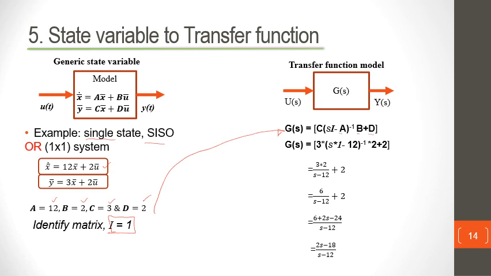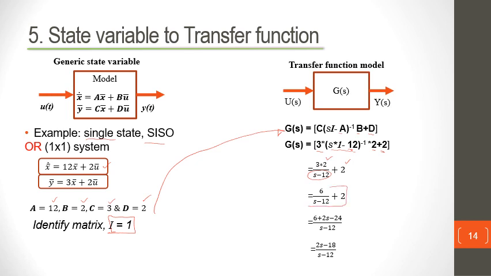Substituting the values: c is 3, I is 1, a is 12, b is 2, and d is 2. This means s minus 12, inverse, so 1 over s minus 12, times 2 times 3 on top, plus the d, which is 2.